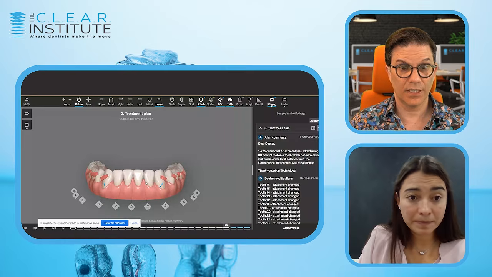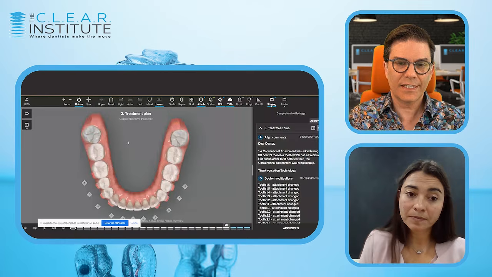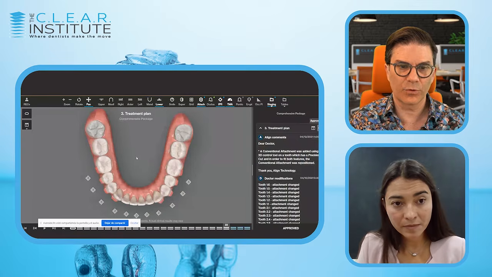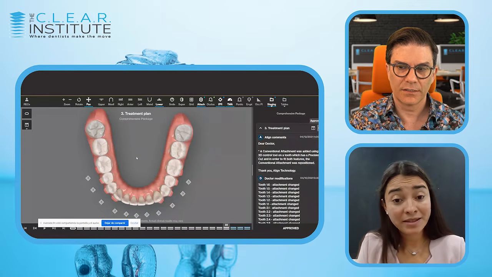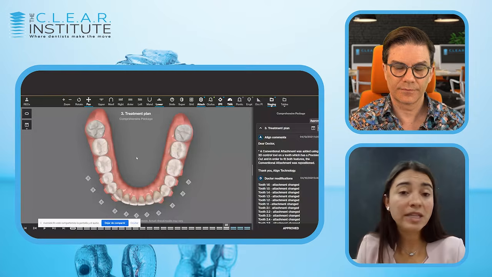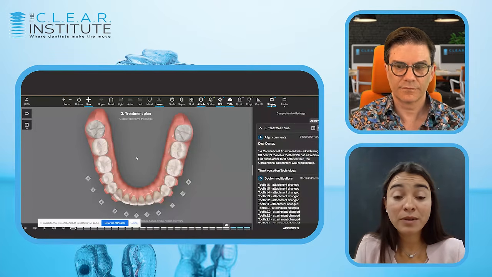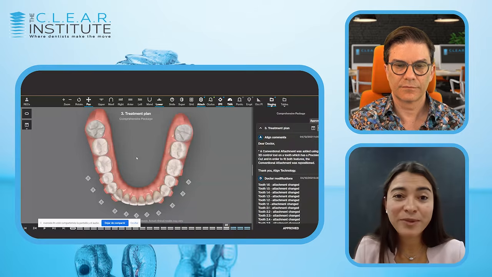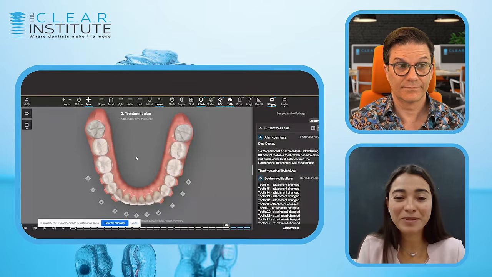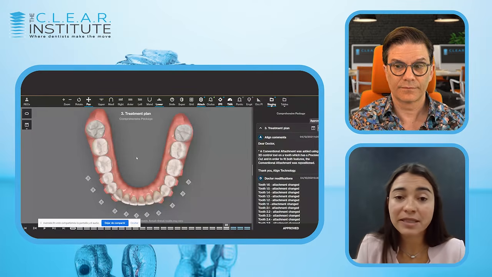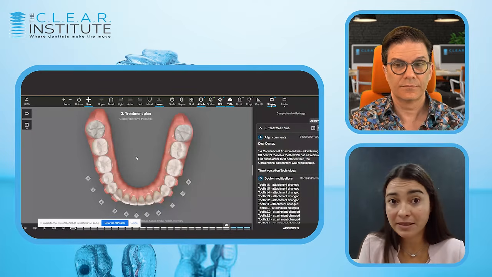And what I've seen, the worst cases of root resorption I think I've seen, Adriana, were in class 3 cases. Yes, that's true, because you keep retracting and retracting, and there's a cortical bone down there in your mandible. So there's a biological limit of how much you can retract.